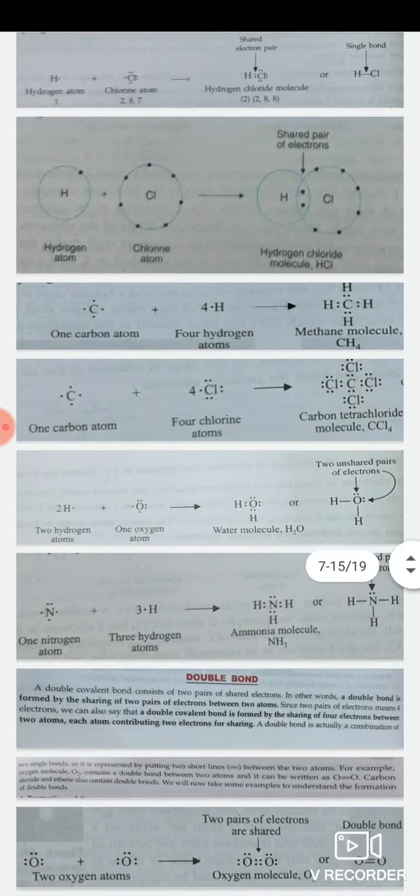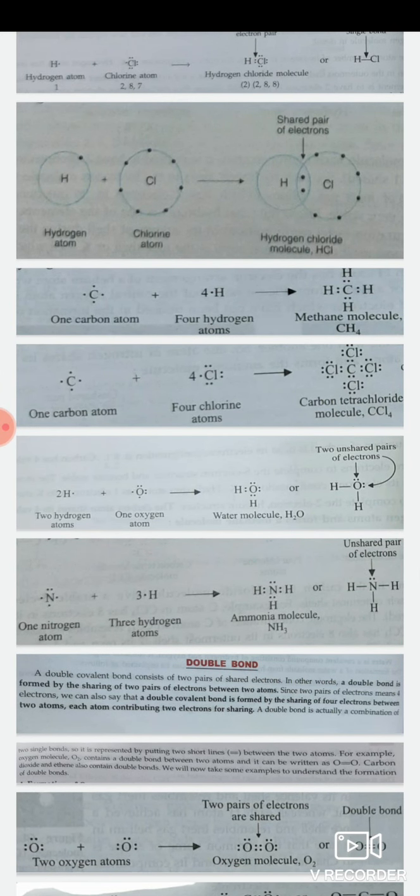Now see, next is carbon. Carbon is tetravalent, right? And here there are 4 hydrogens. As there are 4 valencies, it means 4 sites are there, right? So 4 hydrogens share one electron with carbon, and this way a methane molecule is formed, right?